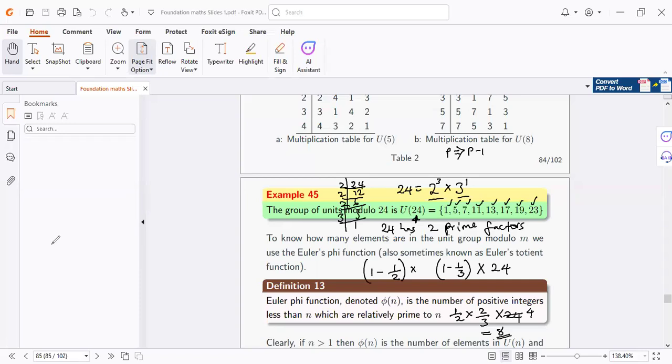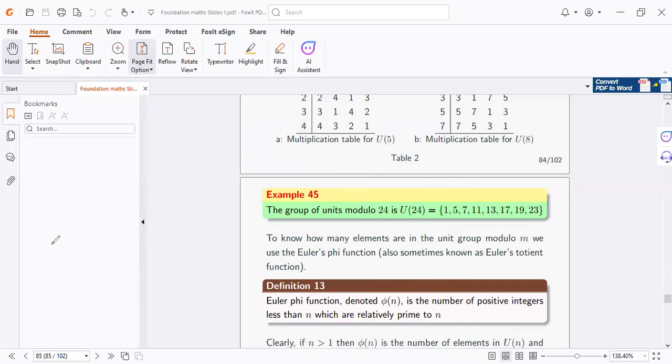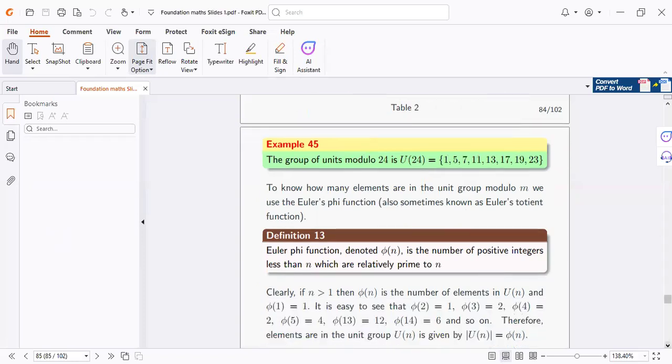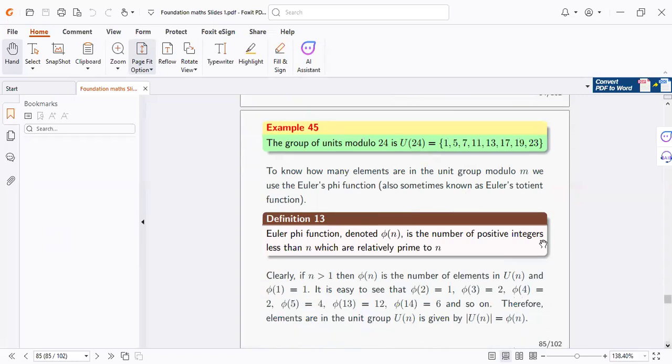Now, what I've just done is what we call, in this second definition, the Euler-Phi function. The Euler-Phi function is what I've just been doing. We denote it like this, and some books denote it this way, and others denote it this way. They mean the same thing.